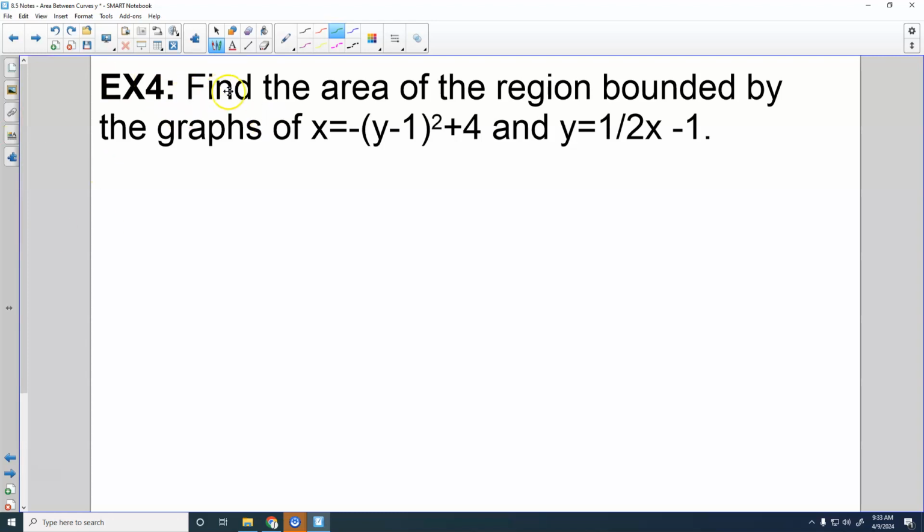All right. So find the area of the region bounded by the graphs of x equals negative (y minus 1) squared plus 4 and 1/2 x minus 1. This particular function is an x equals, this one is a y equals. Which one do you think we're going to need to use?